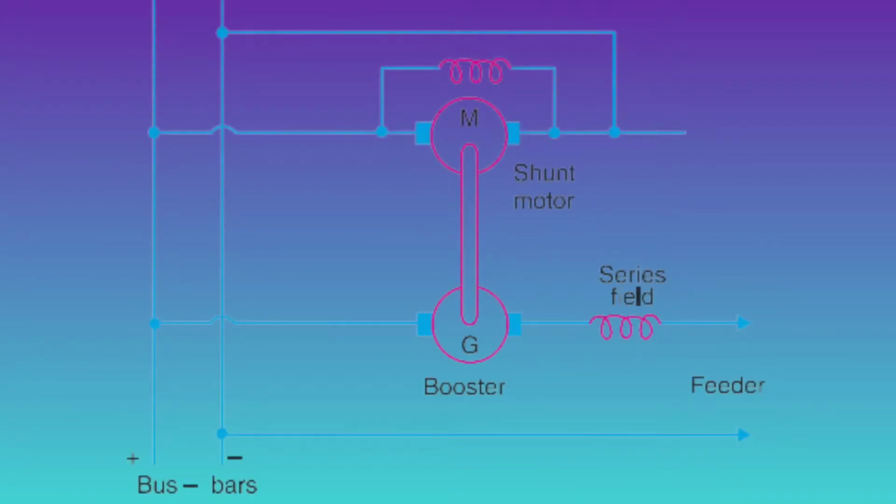Booster. A booster was a remote generator set used for voltage regulation in direct current electrical power circuits. The development of alternating current and solid-state devices has rendered it obsolete. Boosters were used to compensate the voltage drop in the feeder in various types of distribution systems, such as railway service.